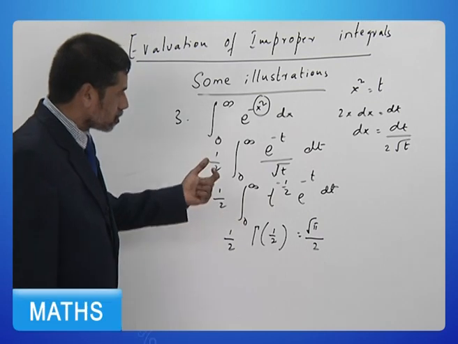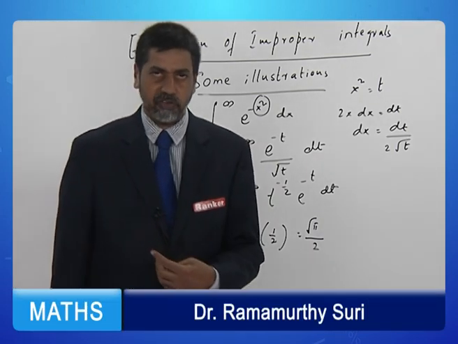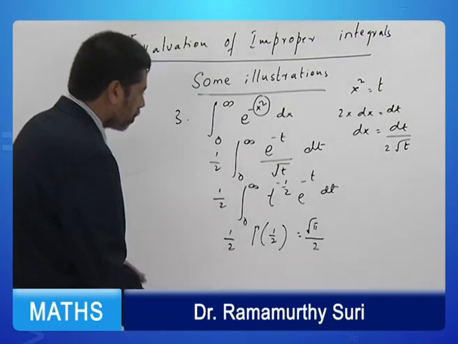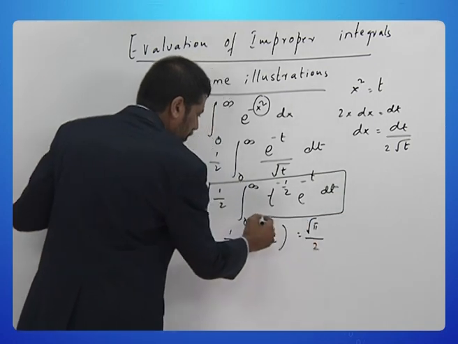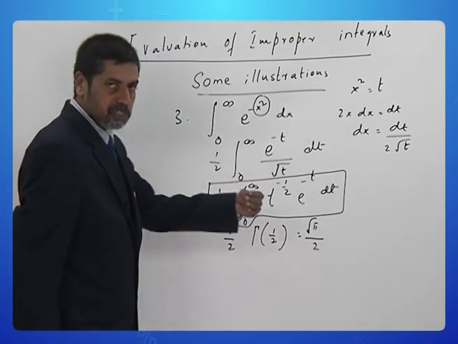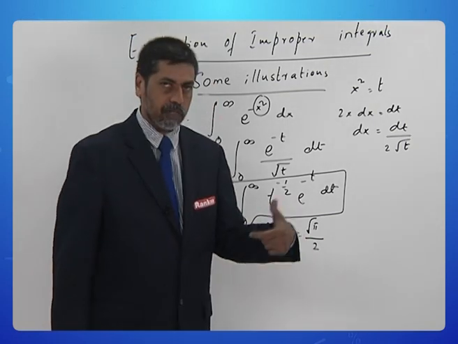However, suppose somebody wants to approach this problem using the Laplace transform. How does he do it? So he will take off from this point, because it is at this stage we have two options, the gamma option or the Laplace option.